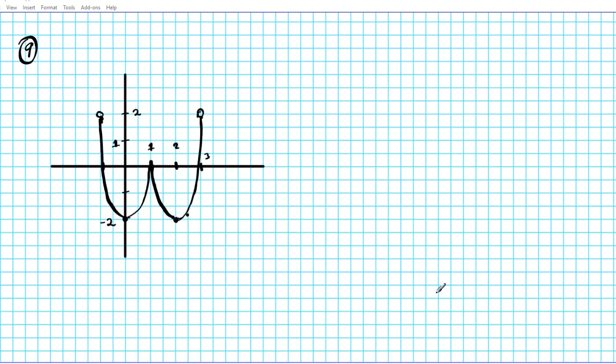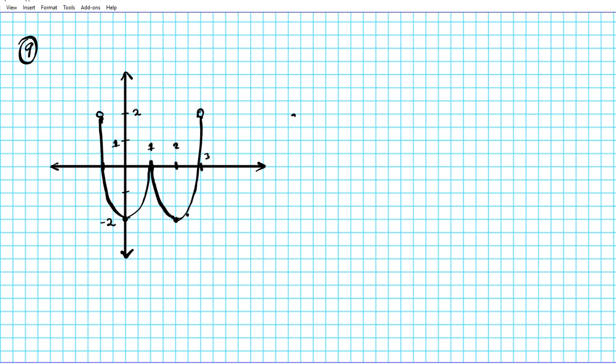All right, let's take a look at question 9. We have this strange looking function here. Now, what are the critical numbers? Critical numbers are points where the derivative is equal to 0 or does not exist. Can you identify what the critical numbers are?